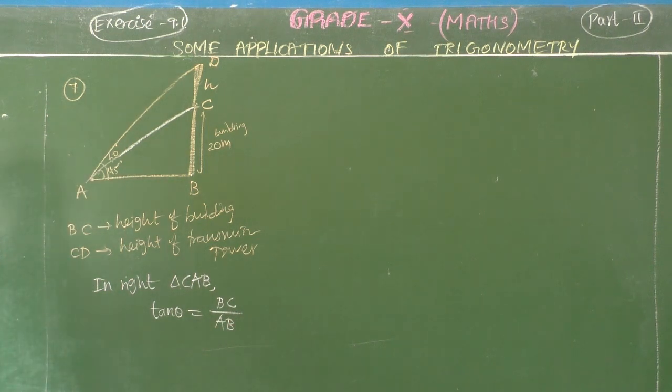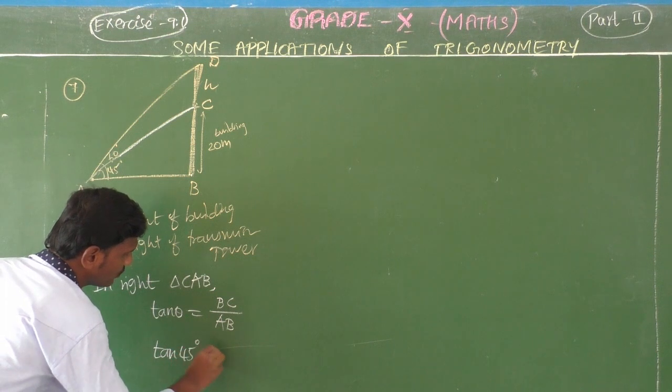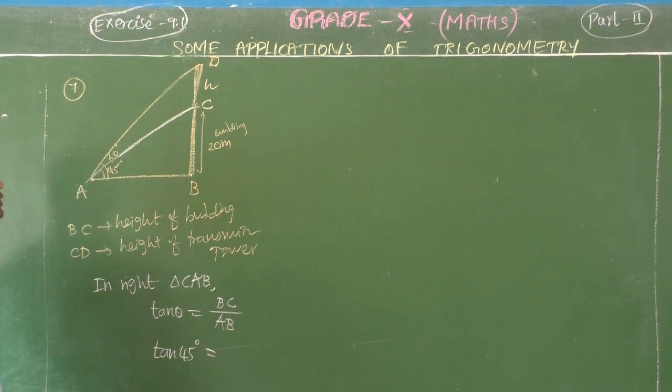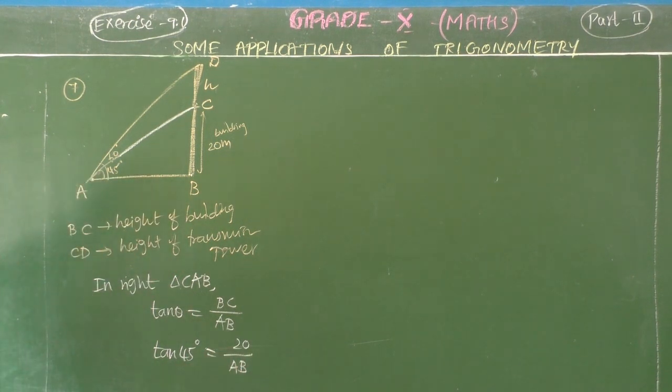The value of theta is 45 degree. So tan 45 degree is equal to BC, which is 20, divided by AB. AB you don't know. What is AB? It is the distance between the point and the foot of the building.